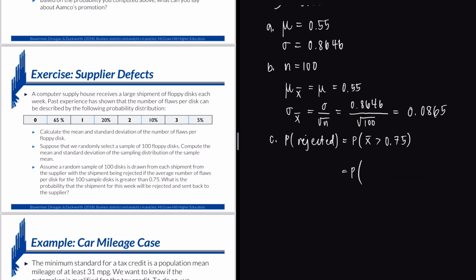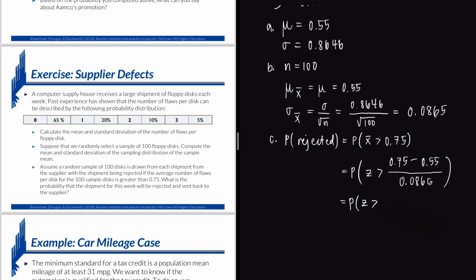So using the same formula we derived earlier to convert X bar to Z, this should be P of Z greater than 0.75 minus mu sub X bar, which we've computed earlier as 0.55, over sigma sub X bar, which is 0.0865.